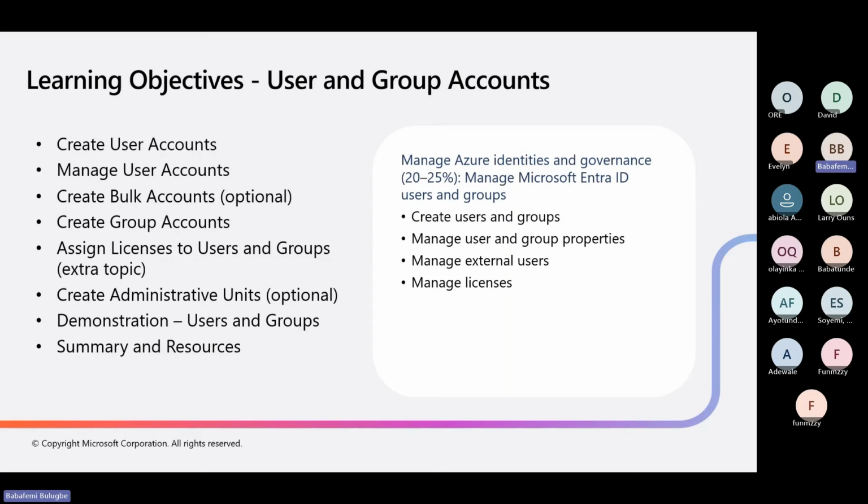However, you want to give permissions to some particular users, let's say the head of marketing, to be able to manage his own staff. You want to give access to the head of sales to be able to manage his or her own staff within the Azure environment.